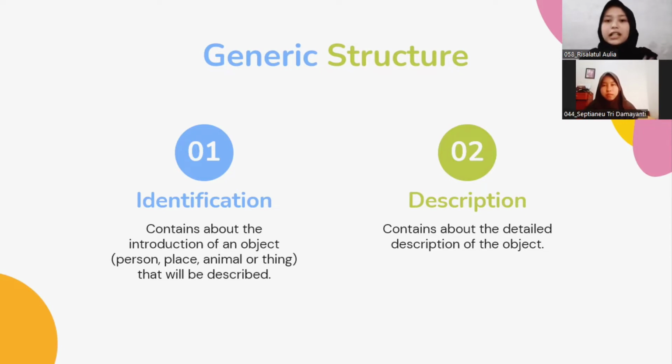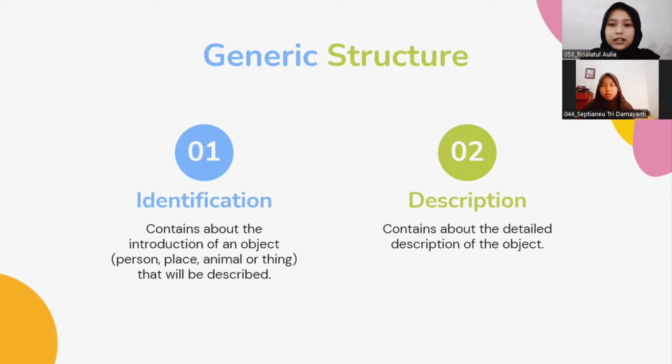In description, it contains about the detailed description about the object. It may include the information about the physical characteristics, behavior, traits, or other special details of an object being described. Usually, identification is located in the first paragraph, and the description is located in the next paragraph.